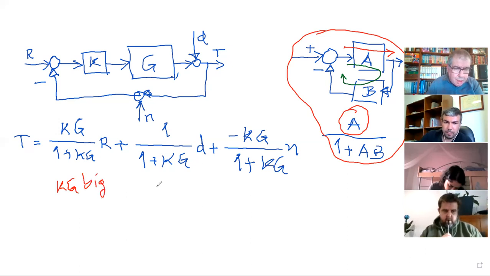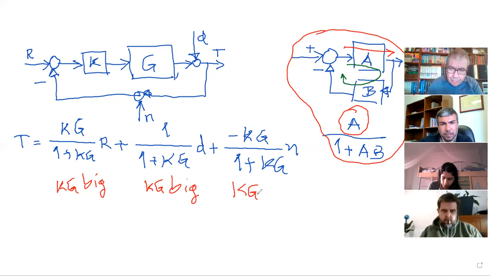Here, also big. Big because 1 divided by a big thing is a small thing. And here? Small. Small, yeah.